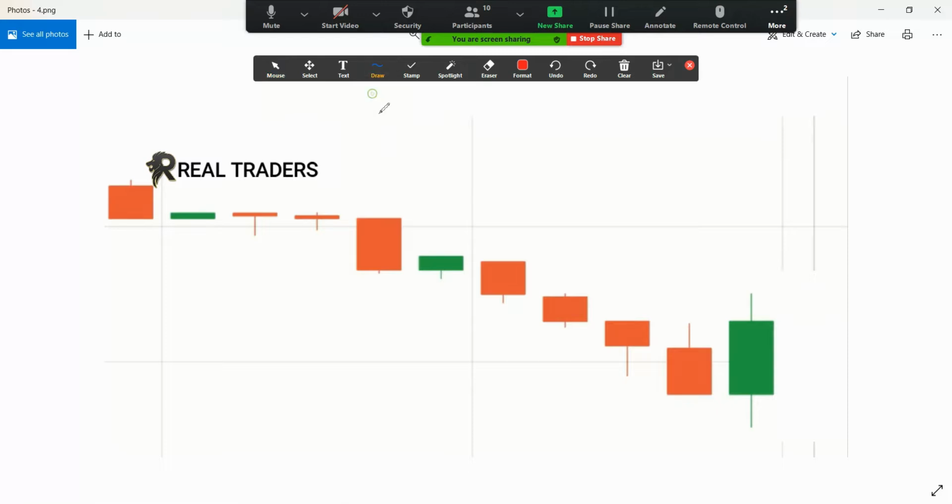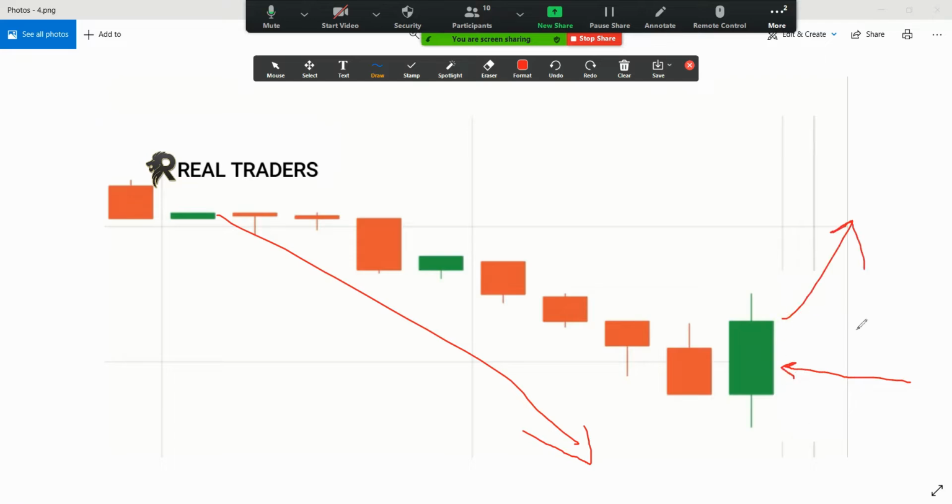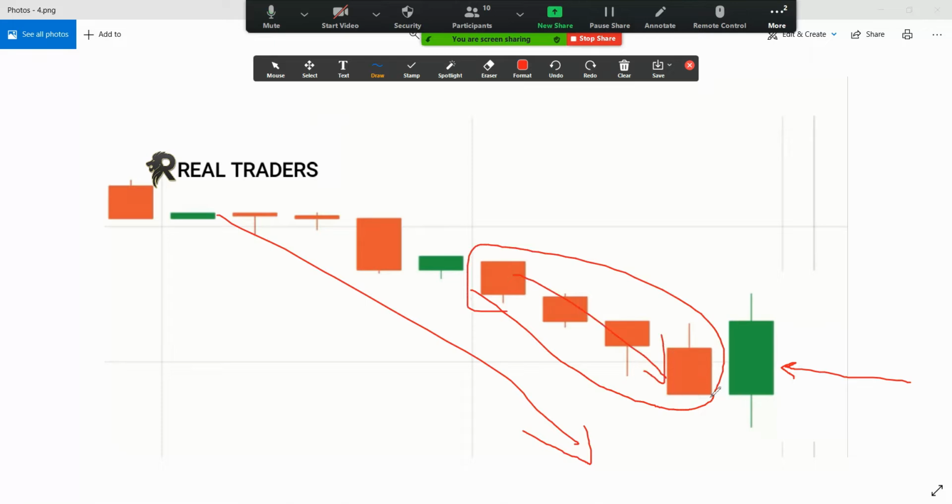Yes, so as I told you, in a strong downtrend, if we see this candle, we cannot trust it and go with the buyers directly. Why? Because there is a bearish momentum, right? This is a bullish engulfing, but we cannot trust a single candle here.